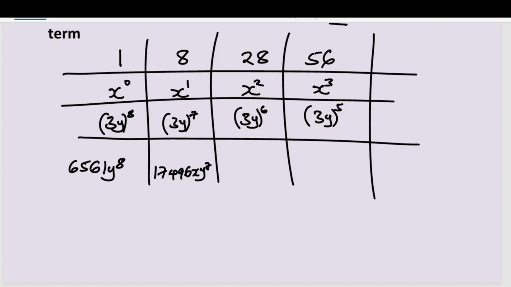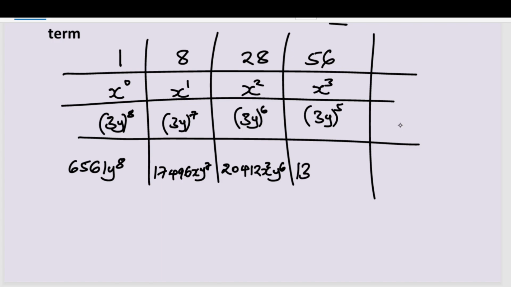Then the next is 28 x squared. 3 raised to power 6 is 729. Then multiply this by 28 and we get 20,412 x squared y power 6. The next is 56 x cubed times 3 raised to power 5, which is 243, times 56 gives you 13608.